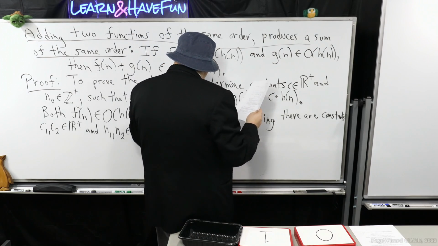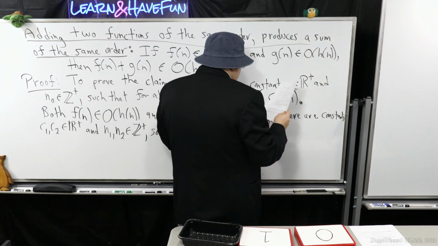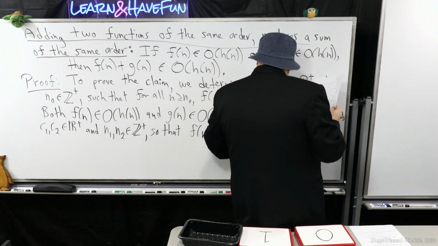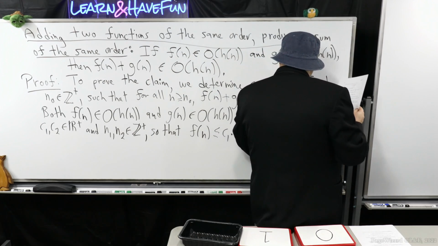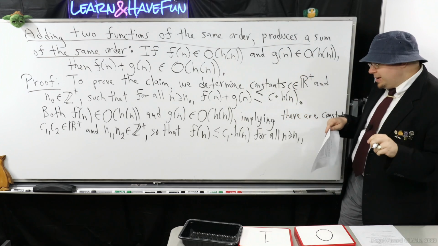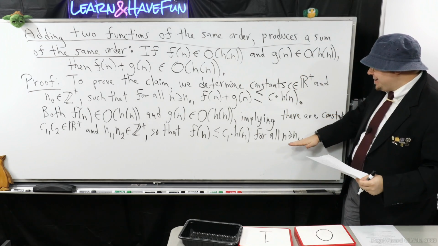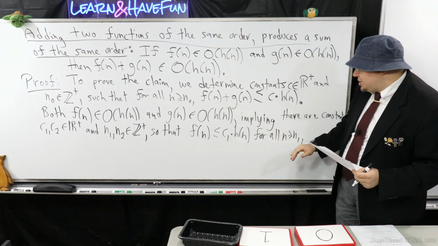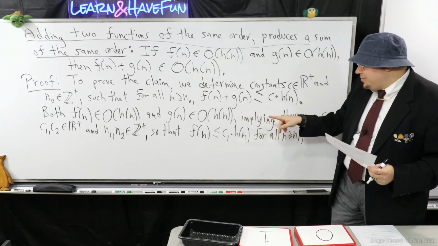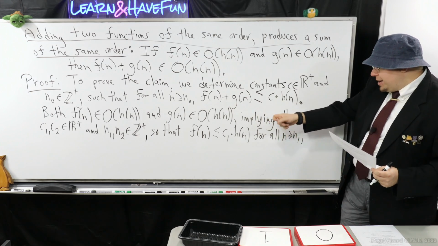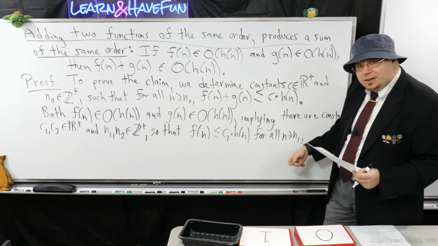So that f of n is less than or equal to c1 times h of n for all n greater or equal to n1. So far we have that, right? That's the first application right here. That's f is big O of h. This is what this says, that we have c1 and n1 in relation to this inequality: f of n is less or equal to c1 times h of n.